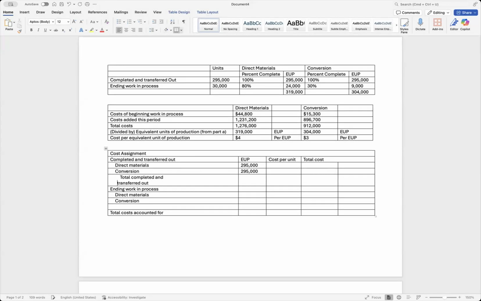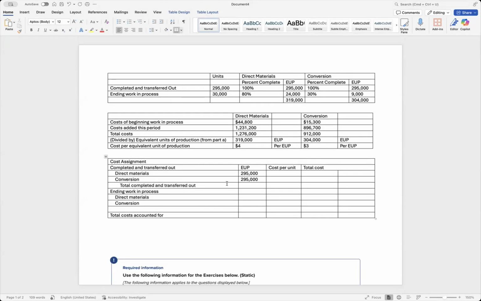Let me just move this. It looks weird sitting there. There we go. All right. My cost per equivalent unit for direct materials, I calculated right here, is $4. My cost per equivalent unit for conversion, I calculated here, is $3.